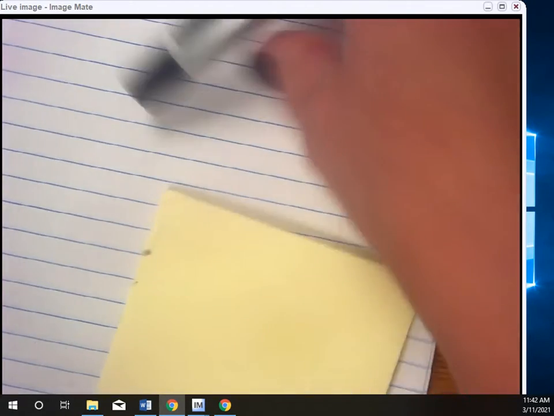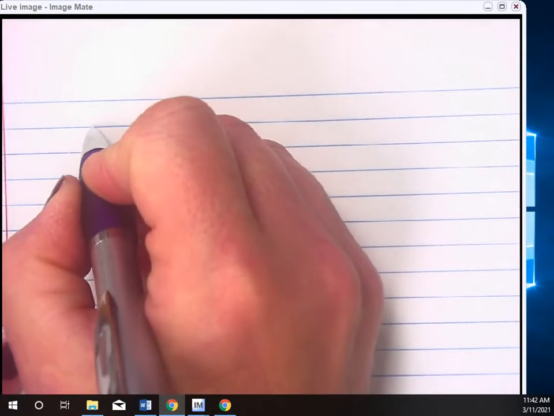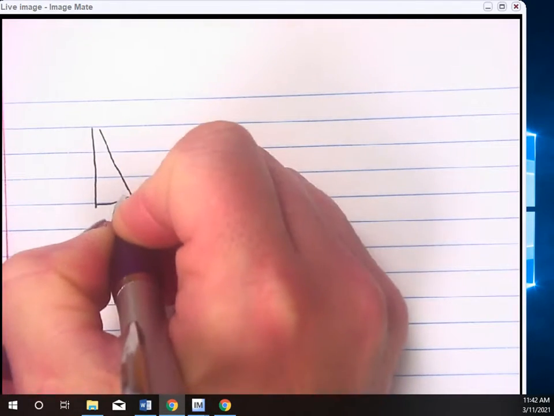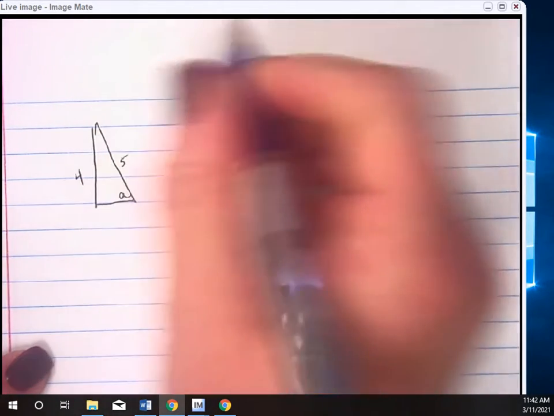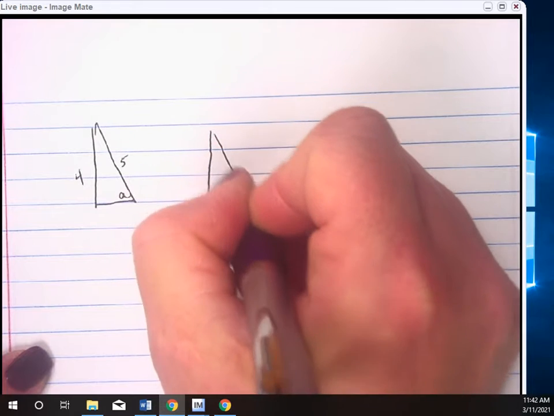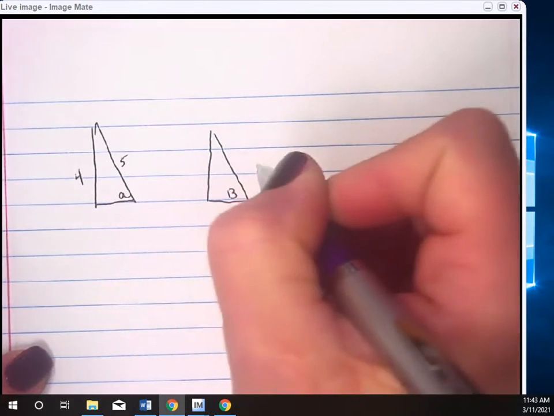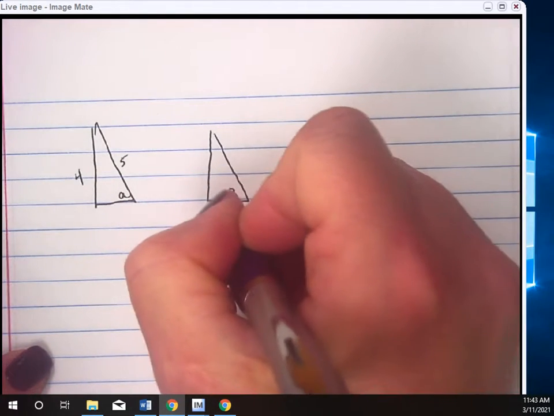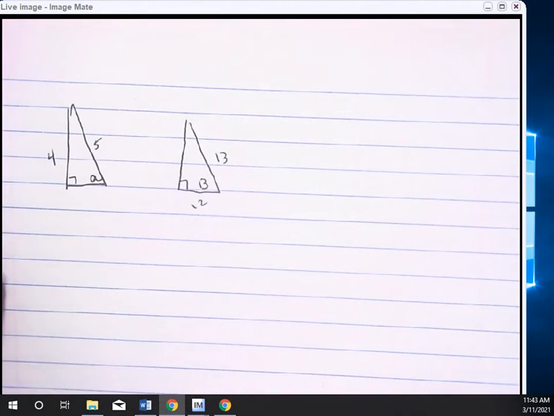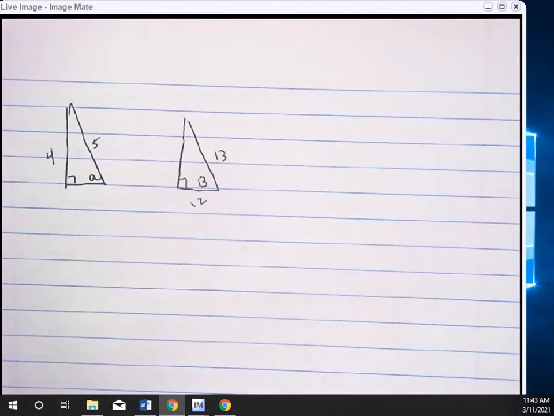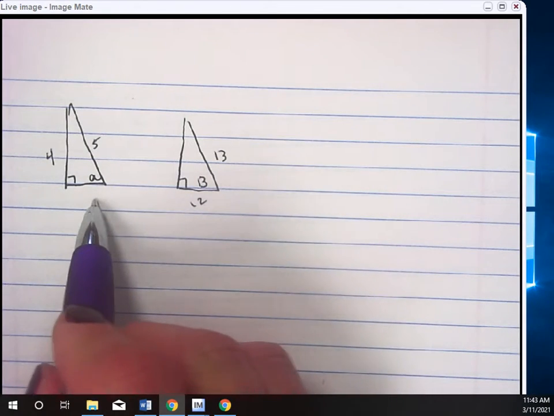Can anybody tell me how I'm going to find them? If I'm given the sine of alpha is 4/5, and I'm given my cosine of beta as 12/13, how do I find the cosine of alpha?